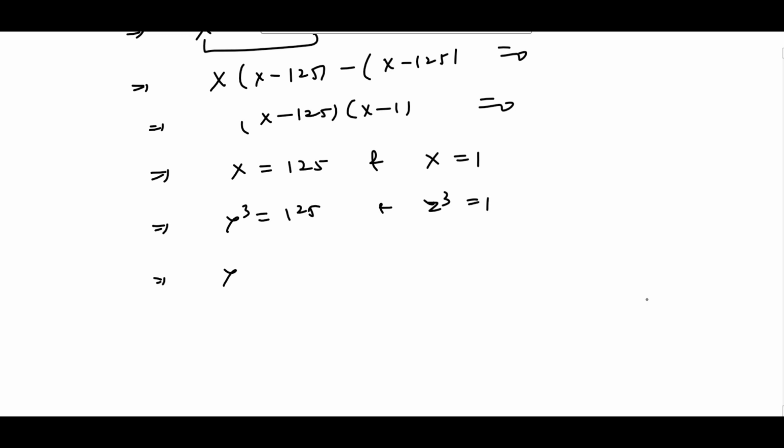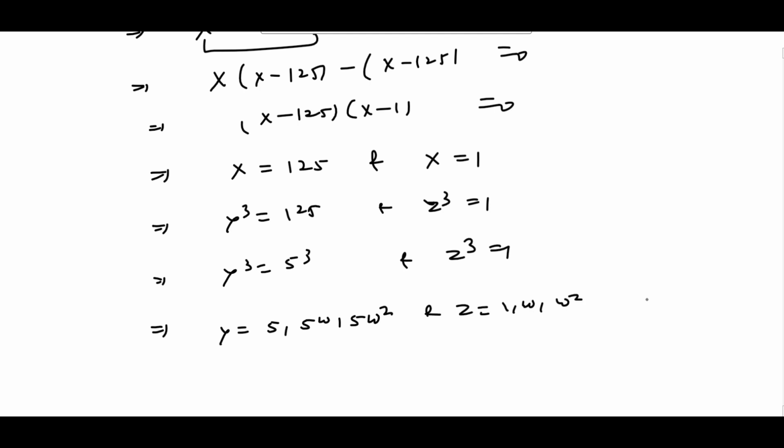So y cube is equal to 5 to the power 3 and z to the power 3 is equal to 1. So by using the cube roots of unity, the value of y is equal to 5, 5 omega, 5 omega square, and z is equal to 1, omega, omega square.